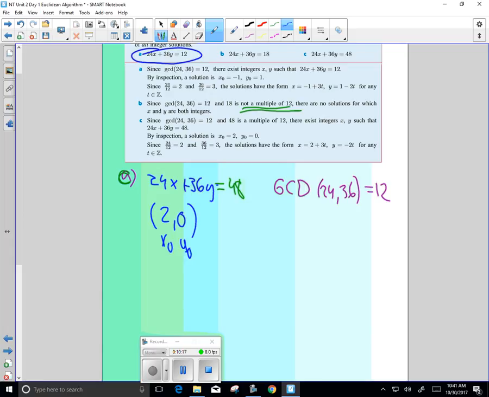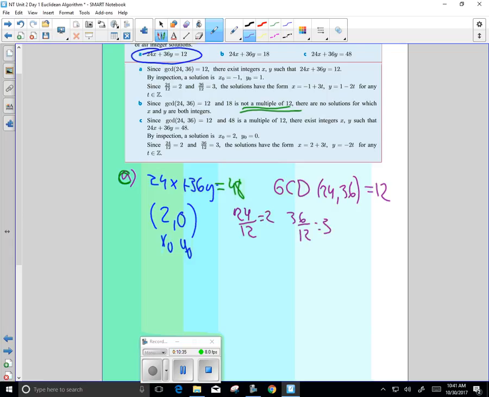So here's what we're going to do first. We're going to take 24 again and divide by 12, the greatest common divisor. 36 and divide by 12 again. There's your 3 and there's your 2.